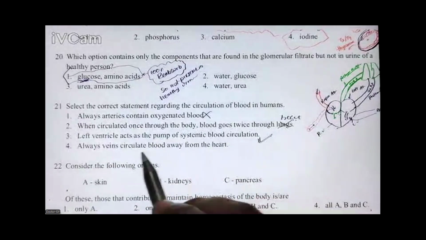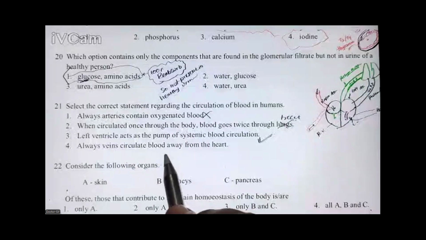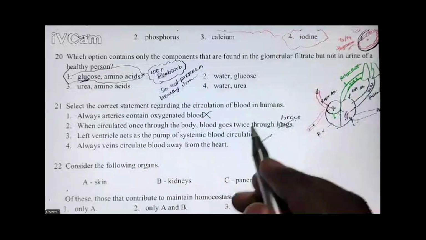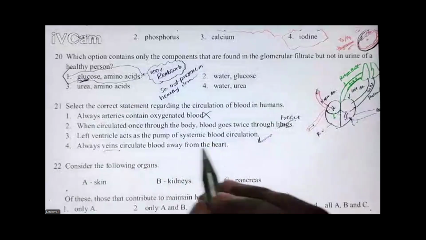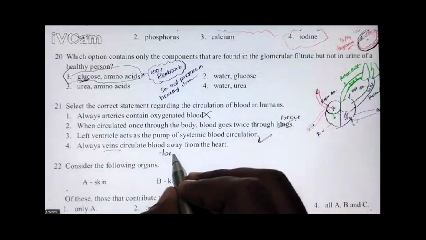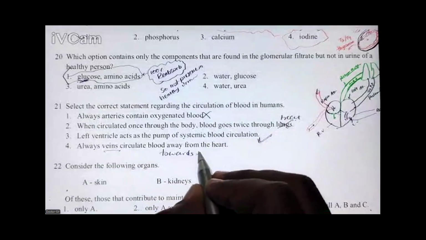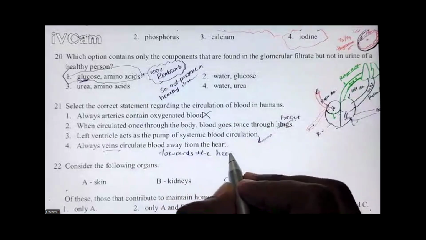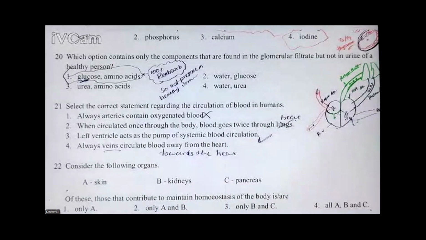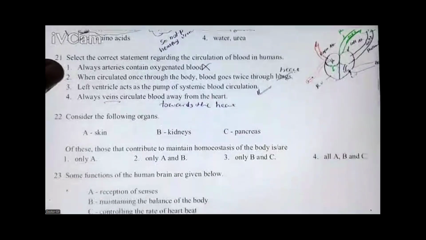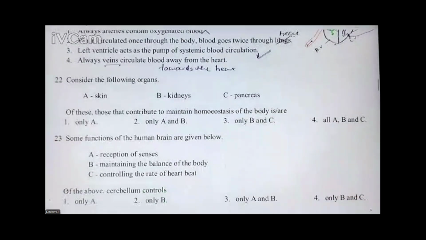That's correct. Veins always circulate away from the heart? No, veins always carry blood towards the heart. That is wrong.